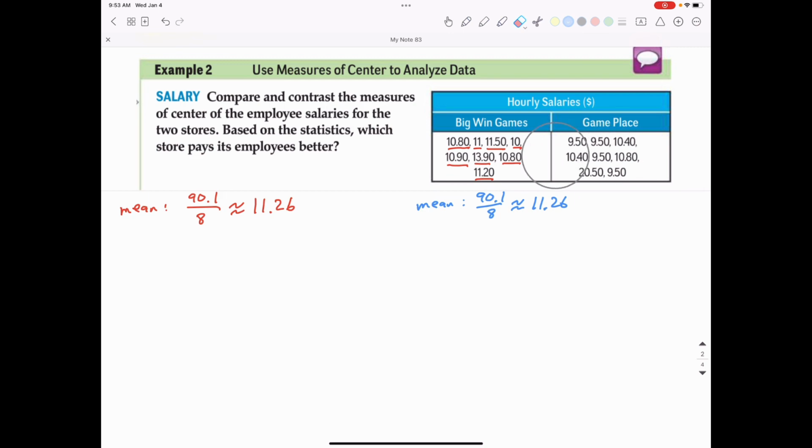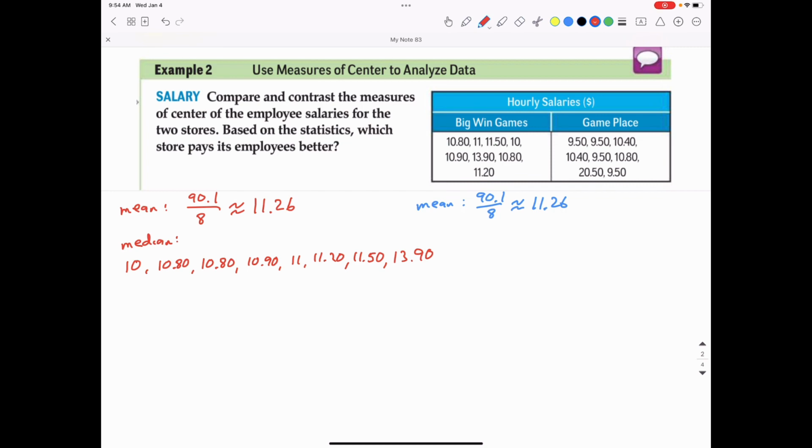So let's look a little bit deeper and check out the median and the mode as well. For Big Win Games, notice that the salaries are not in order, so we're going to have to spend some time putting them in numerical order. And there I've done so very quickly, putting the Big Win Games hourly wages in numerical order.